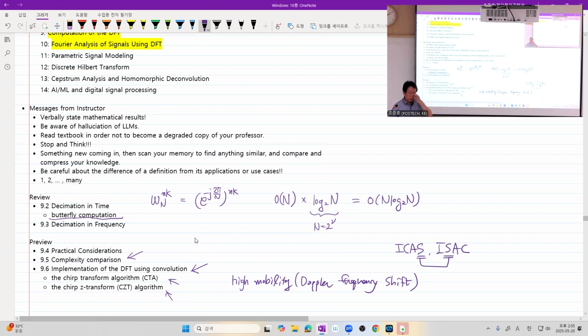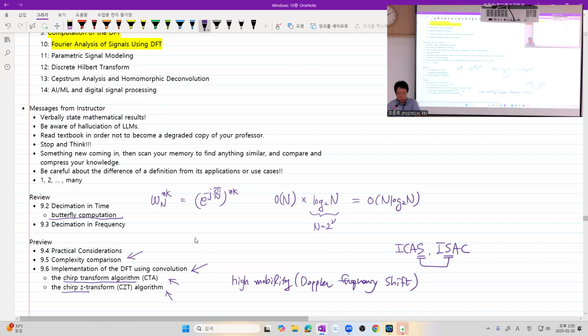We not only need to find the presence of some target, but also want to know the amount of mobility which relates to the velocity or speed of each object. In that case, estimating the amount of Doppler frequency shift is very, very important. And your use of chirp Z transform or chirp transform algorithm related or based algorithms plays an important role.